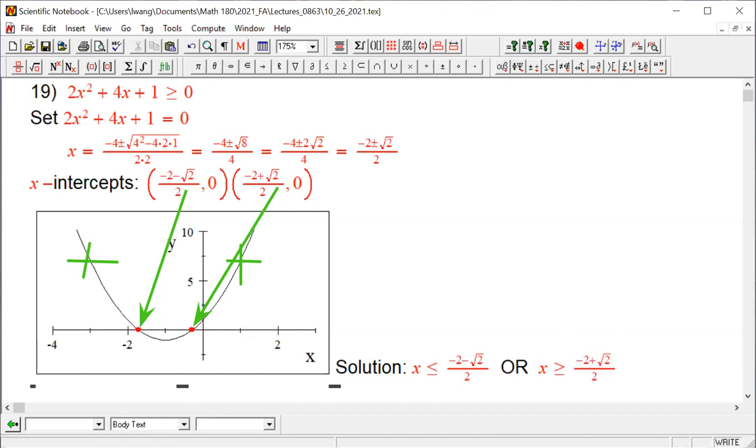That is, the solutions are these 2 pieces, this piece or that piece. Did you hear I said the word or? That's the solution.